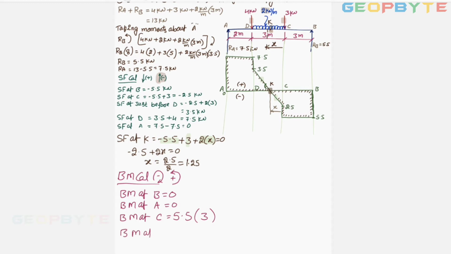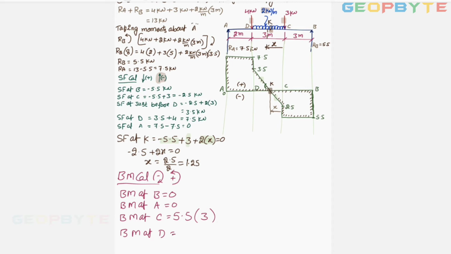Bending moment at D. Now count how many loads are there before D. One 5.5 reaction is there, 3 kilonewton point load is there, and one UDL is there.